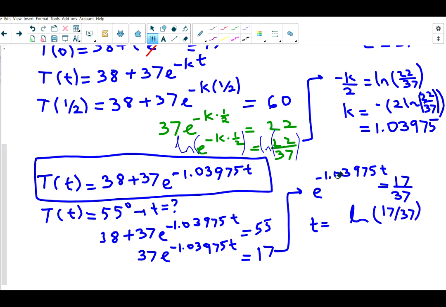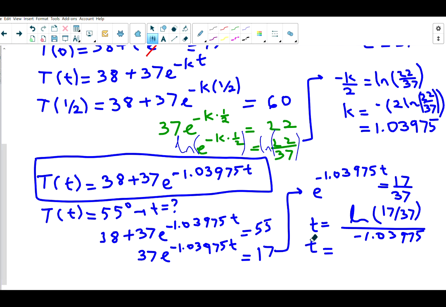So applied it here, applied it there, ln of this, you bring the power down, right? And ln e basically disappears. You have negative 1.03975 t equals ln of 17 over 37, and t equals the right hand side divided by that entire constant, negative 1.03975.